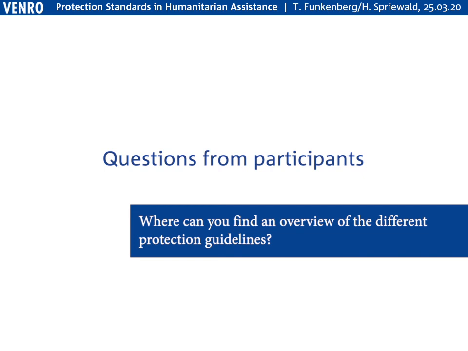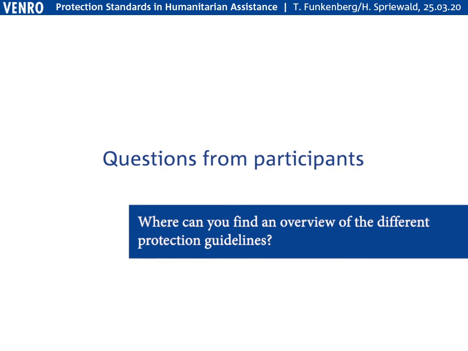Yes, indeed. I mean, there are several websites. One good start is the Sphere website, where you find all the accompanying standards as well as the Sphere handbook, the core humanitarian standards, etc. So you will find the minimum standards for child protection in humanitarian action there. You will find the HIS there as well. Then there are some overarching websites which I personally use quite a lot.